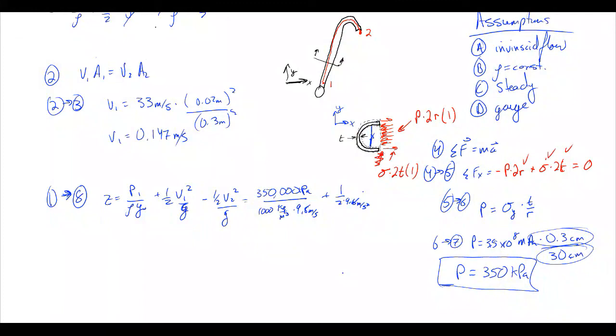So you can see, by the way, small velocities squared become almost completely negligible. And if we plug in all of our numbers, we see that our Z is equal to 302 meters.